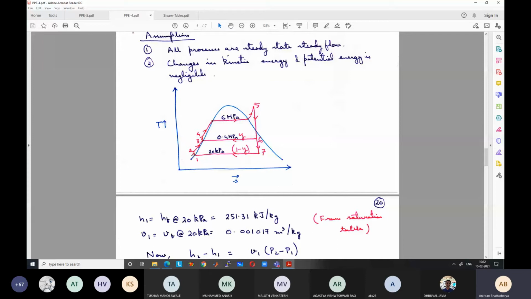So the pressure and quality. Good. Pressure is 20 kPa and quality is 0. Means it is fully liquid.